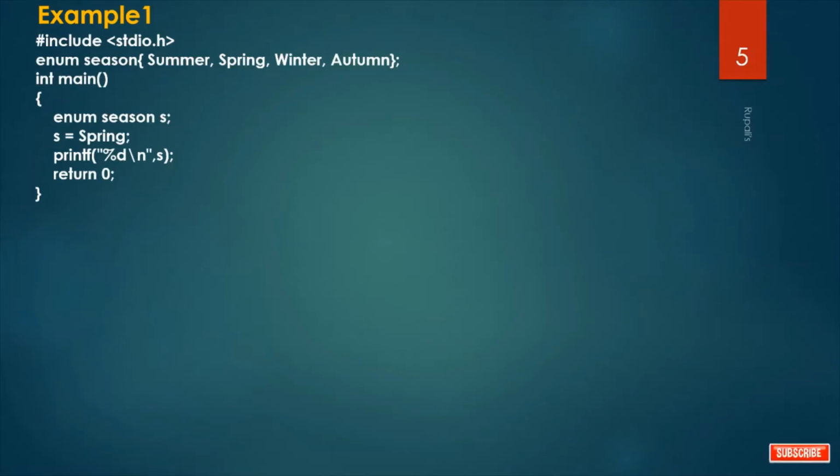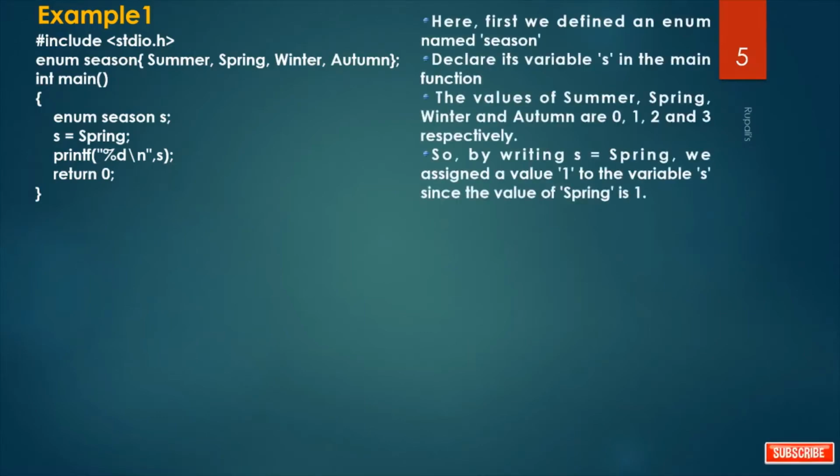So can you tell me what is the output of this program? First we defined enum named season. Declare its variable s in the main function. The values of summer, spring, winter, autumn are 0, 1, 2, 3 respectively.